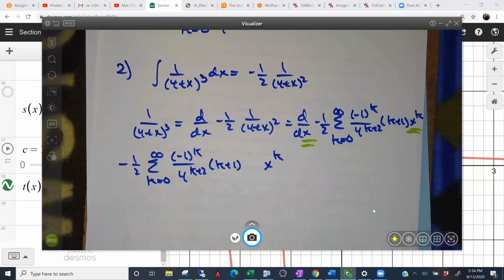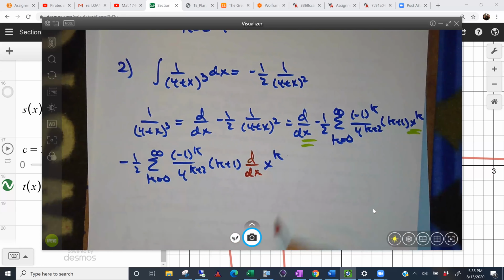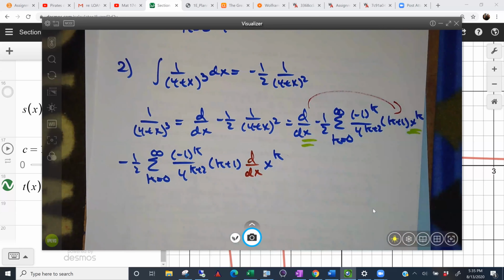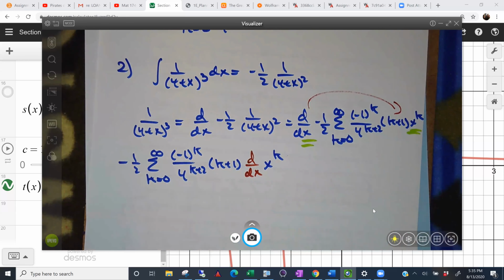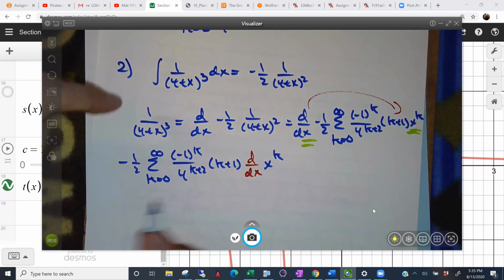So d by dx of that x to the k. So the derivative passed all the way to there. So any volunteers to differentiate that one for me? Yes, you in the back. Perfect, thank you. Derivative there is just going to be k times x to the k minus 1.